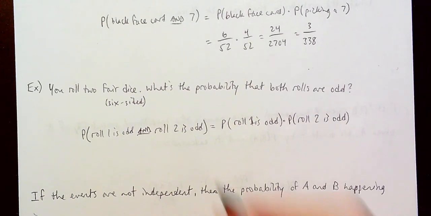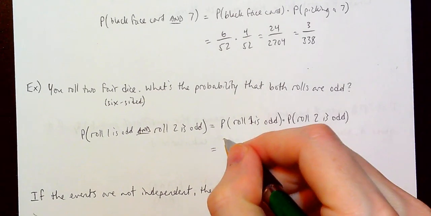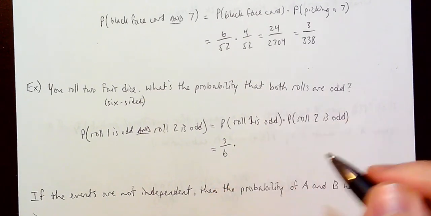So each one of these dice is a fair 6-sided die. Roll 1, okay, you have the numbers 1 through 6 on each of the 6 faces. The odd numbers are 1, 3, and 5, so 3 out of a possible 6 numbers.